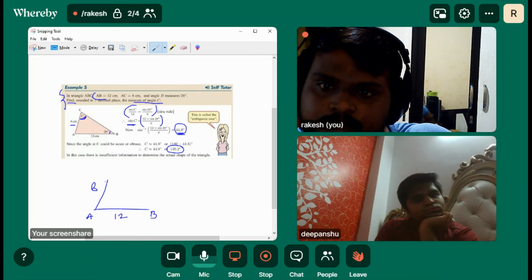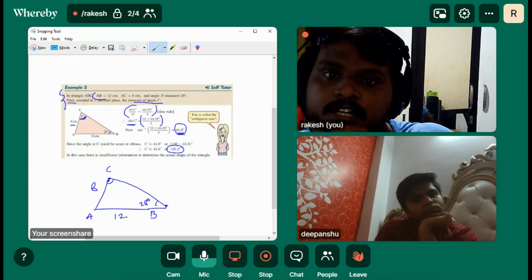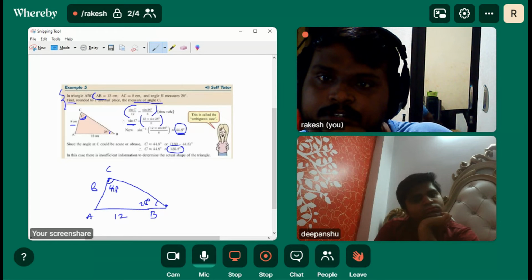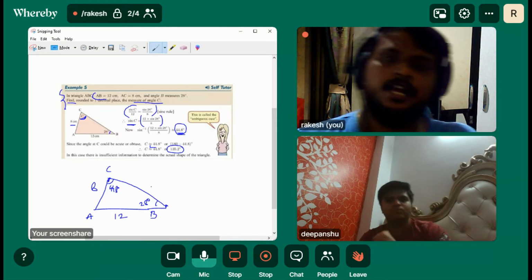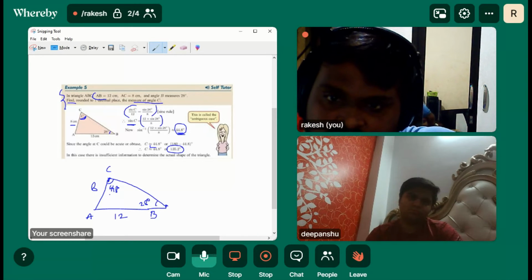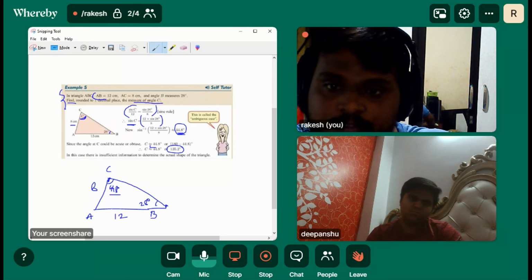This is C. This is one of the situations, 28 degree. Okay. The angle C, we already found, is 44.8. Now since this angle is 44.8 or 135.2 degree, that's the ambiguity condition where we cannot understand why we are getting 135. Means whether it is 45 or 135, that's the ambiguity.